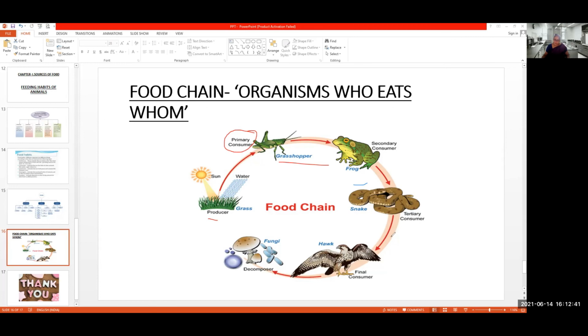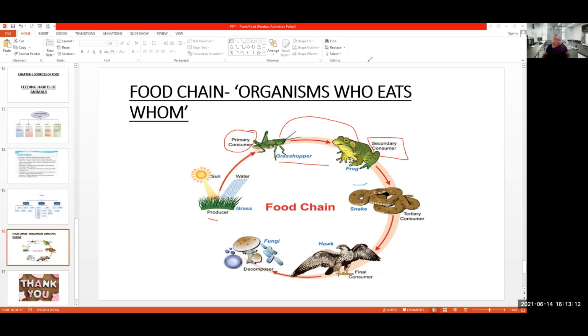Indirectly means, see, this grasshopper is eaten by the frog, so the frog is called a secondary consumer, and the grasshopper eats grass. Somehow the nutrients of the grass will be present in the grasshopper, so that nutrient will go to the frog also. So it is indirect nutrient of the plant going to the frog.